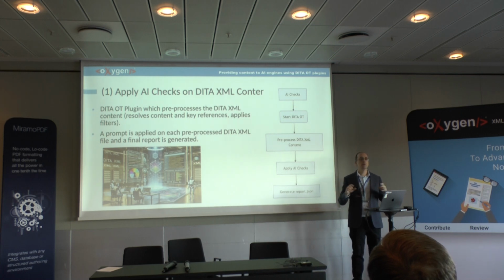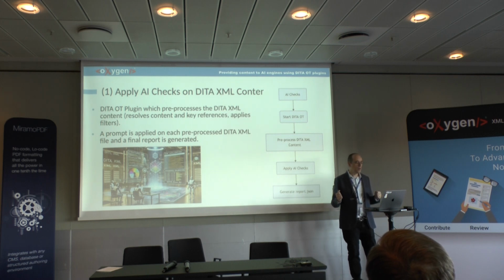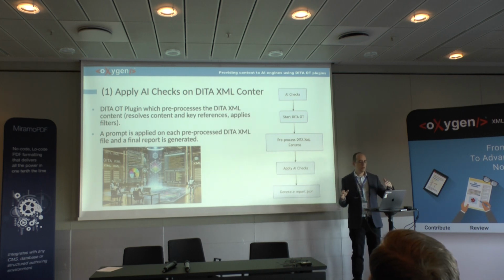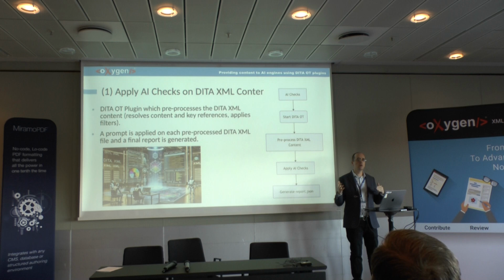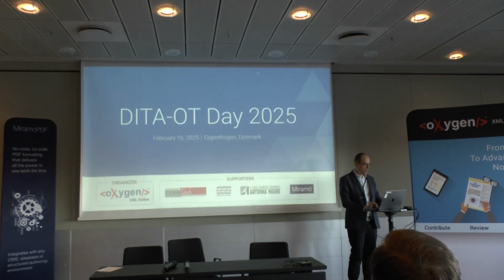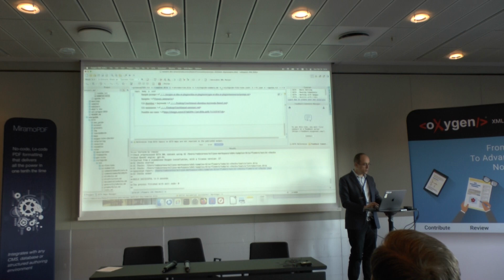For example, the prompt says, find spell check problems and grammar mistakes. Or the prompt says, find logical problems in each topic. And then this plugin generates a single JSON file containing all the reports for all the topics through which the AI has passed. Just to show you how the plugin works.